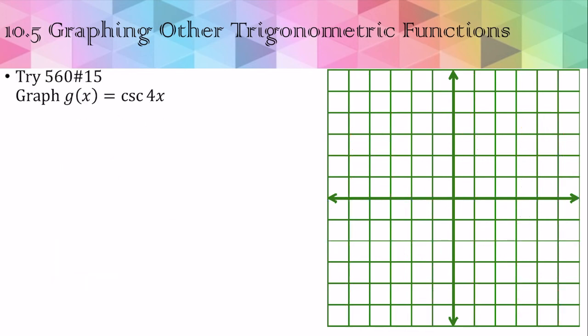All right, why don't you pause this and try number 15. A is 1, B is 4, therefore the period is pi over 2. All right, so this is sine.